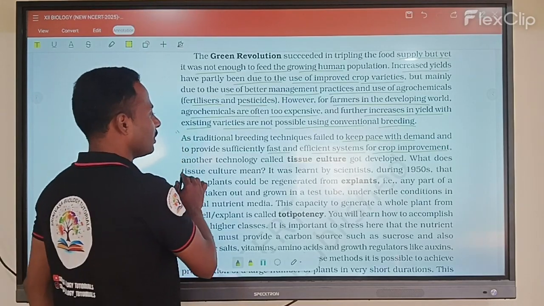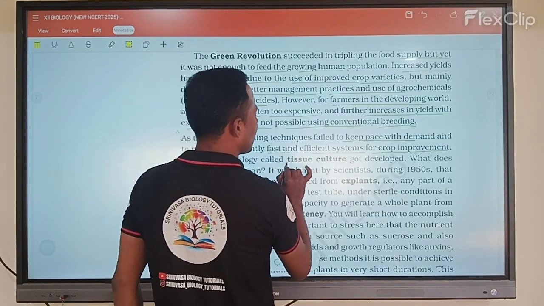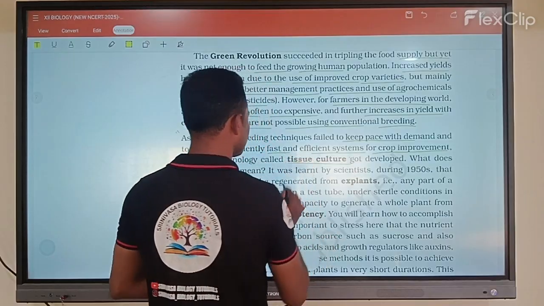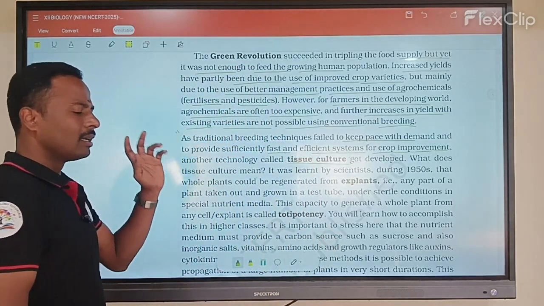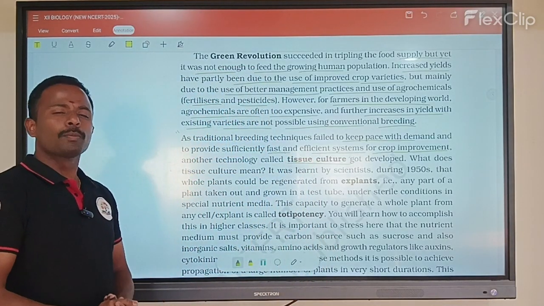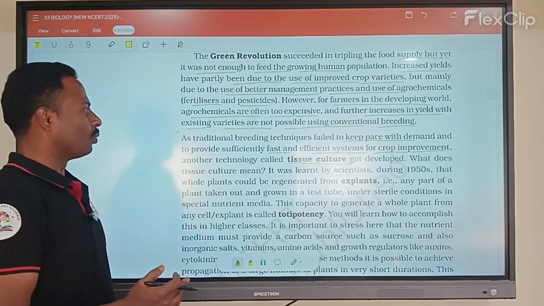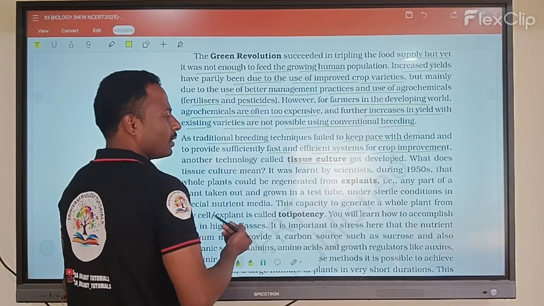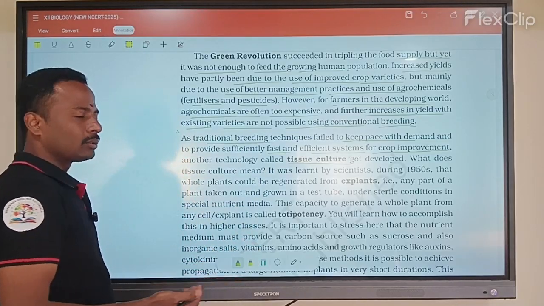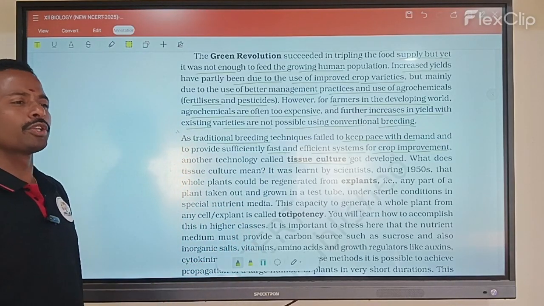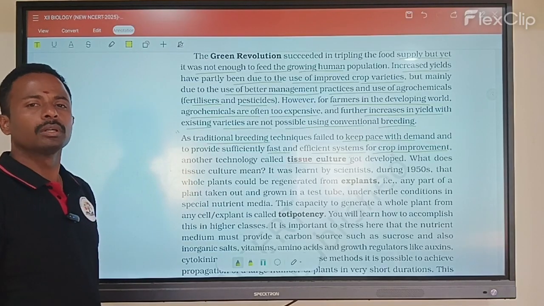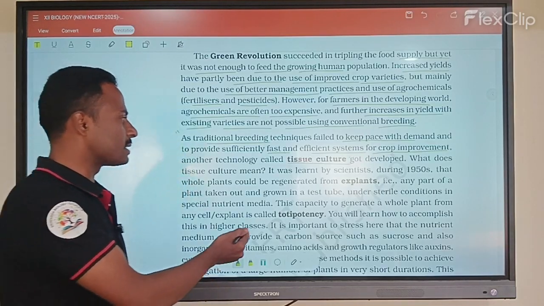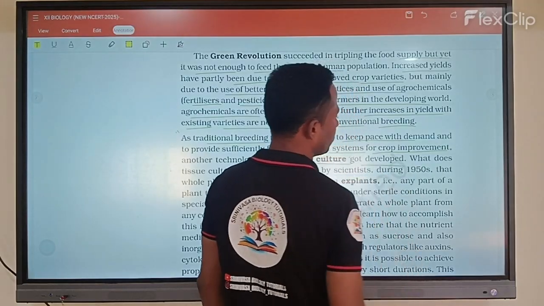Here, the other technology we are using is tissue culture. We improved in a short duration and developed an excess amount of yield. That process we called tissue culture.